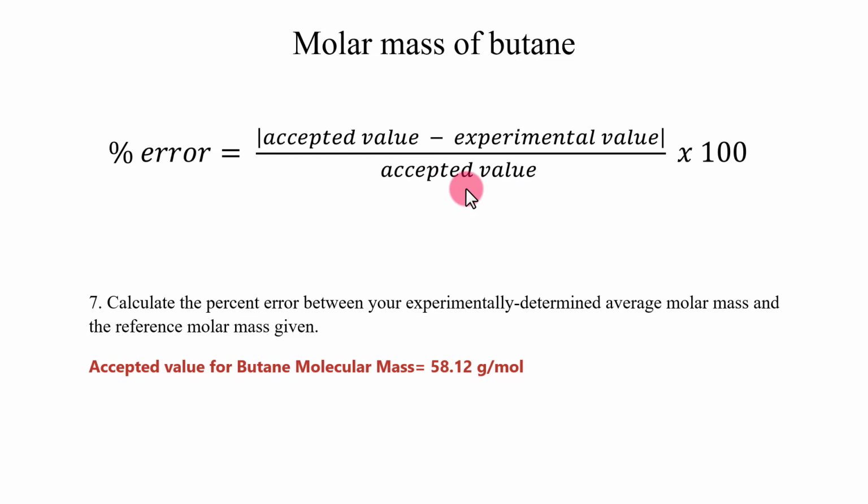and times 100. Once again, make sure that you do this subtraction first and then divide by the accepted value, or put parentheses around this if you want to do it in one step. Otherwise, what your calculator is going to want to do is order of operations. So if you don't have parentheses here, it's not going to do the difference first.